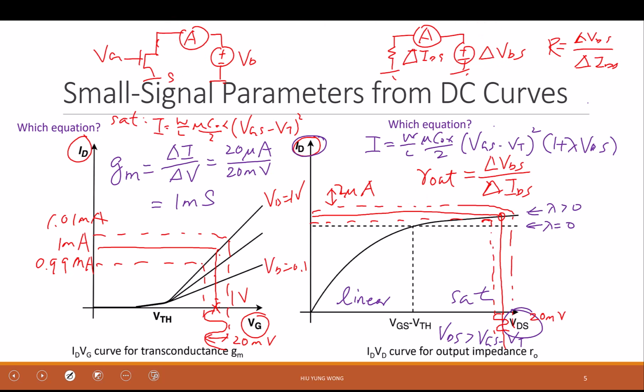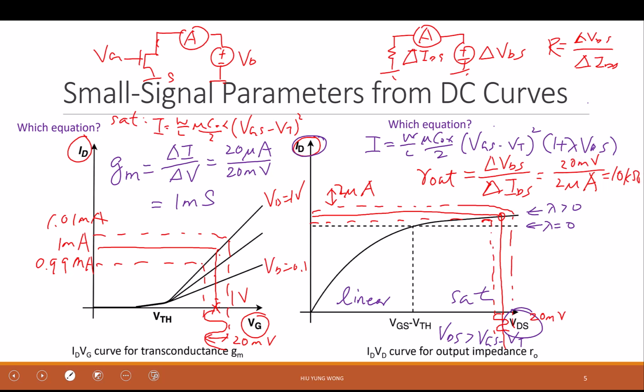So what is the output impedance of this circuit? I change it by 20 millivolt, and then I get 2 microampere change of current. So what is the output impedance? 10, what is that? Kilo ohm, right?